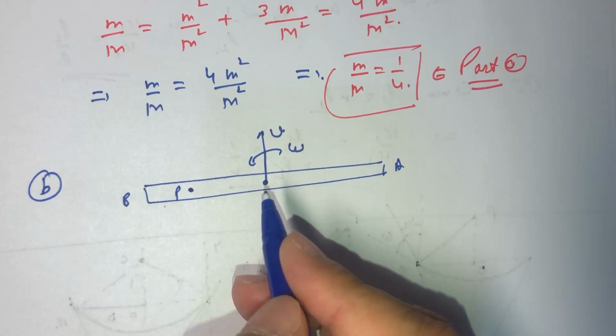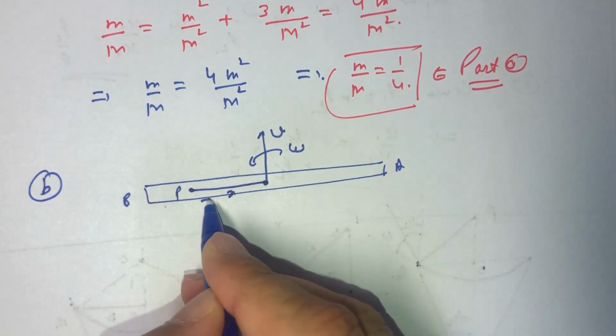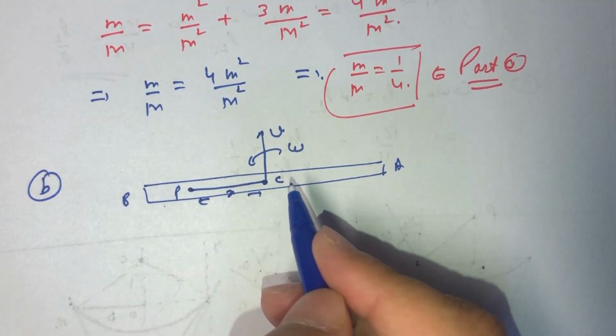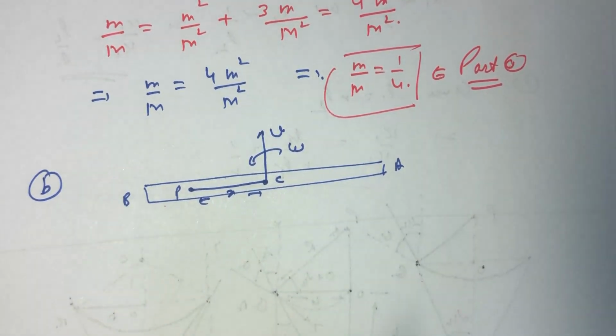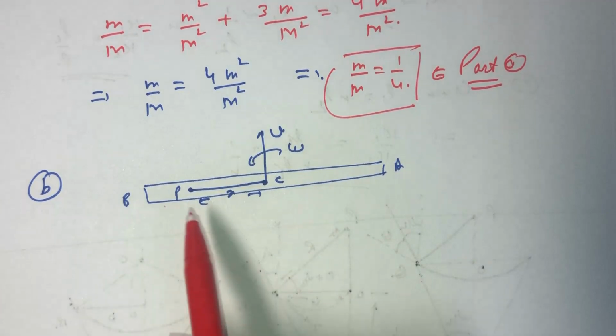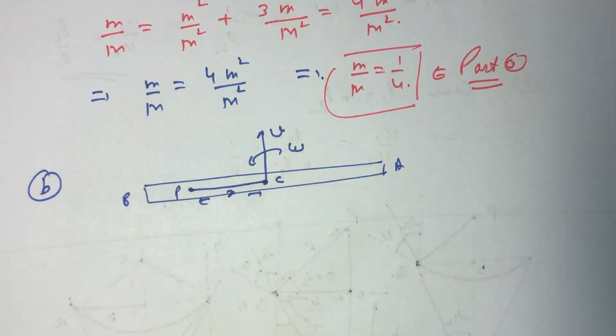Let us suppose this is point P, and it is at a distance of x from the center of mass C.